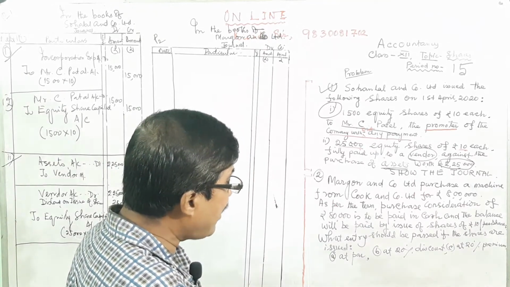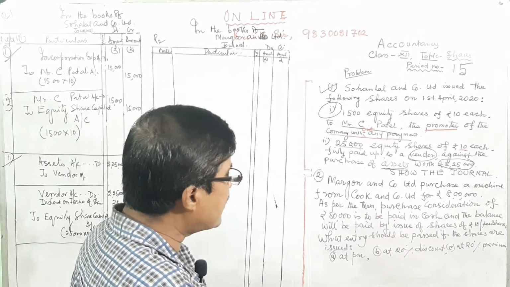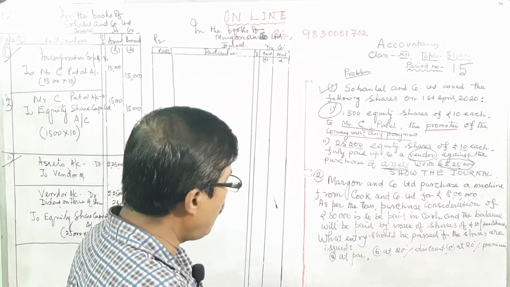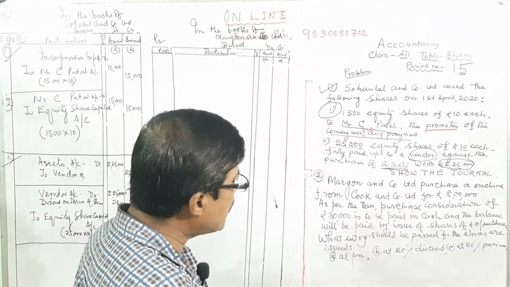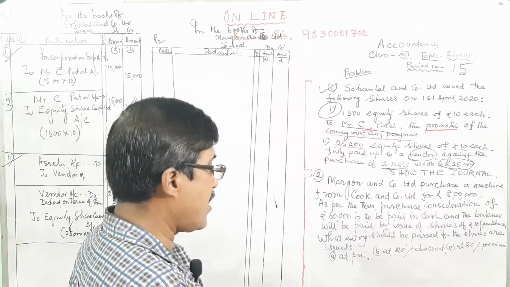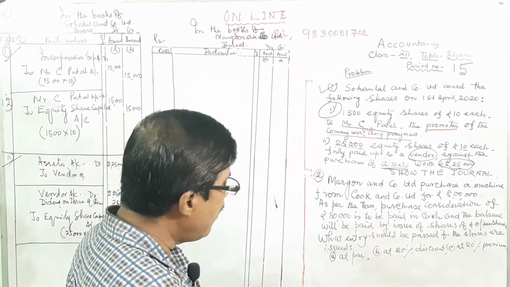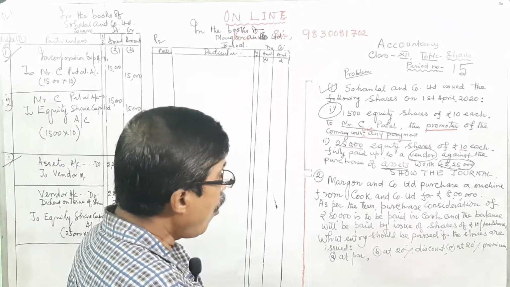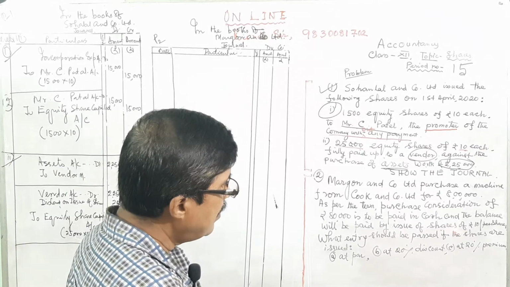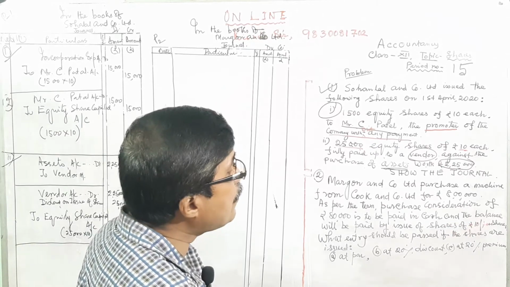As per the terms, the purchase consideration of rupees 80,000 is to be paid in cash, and the balance will be paid by issue of shares of rupees 10 per share.